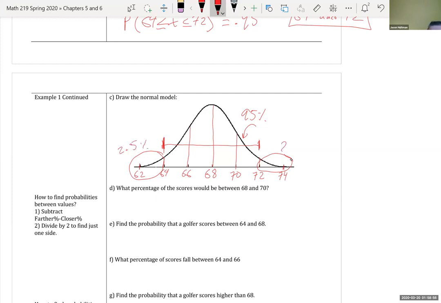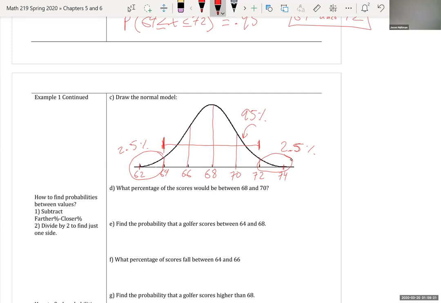Let's keep that in mind for a little later. So the middle 95%, then the tails are 2.5% each, because they have to add up to 5%, and the whole thing has to be 100%.